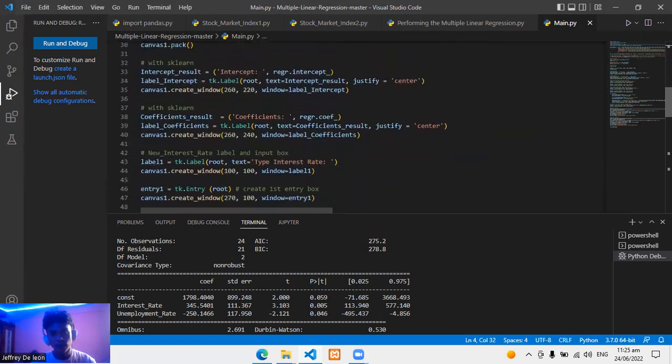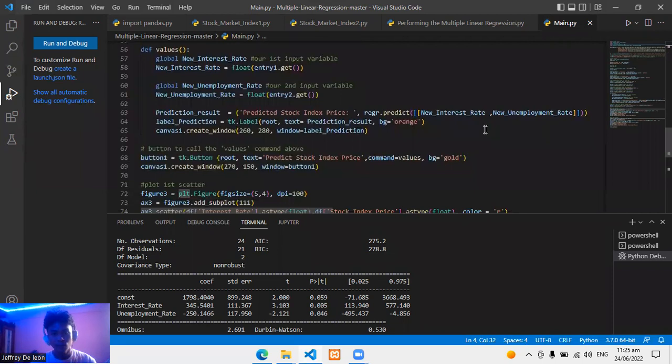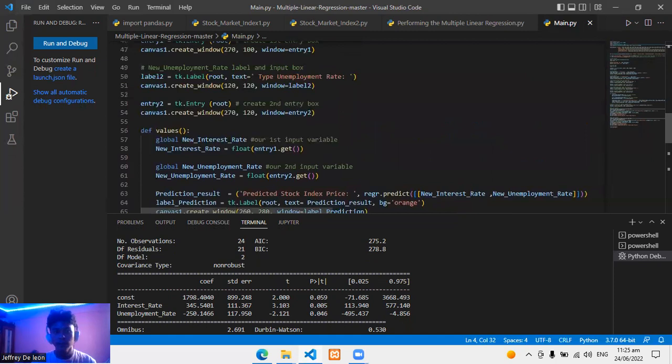So ito na po yung kabuuang codes na pinagsama-sama po natin siya. Dito mag-display po yung linear relationship and also the predicted stock index price by inputting the unemployment rate and interest rate. So automatic na po siyang compute. So let's try to run.